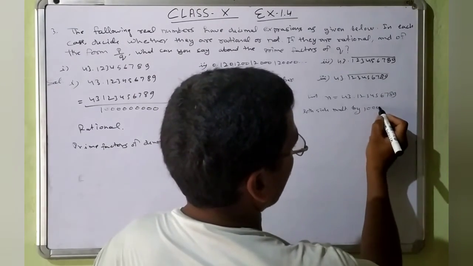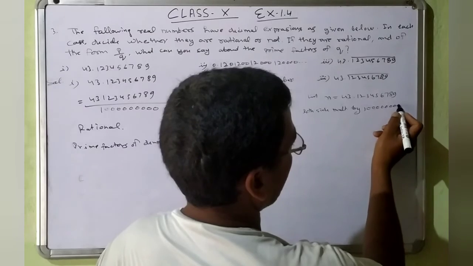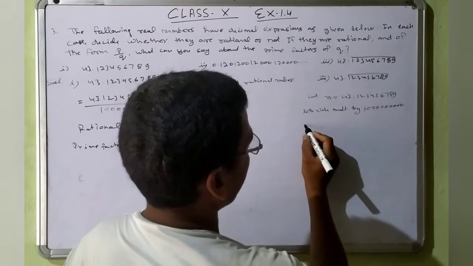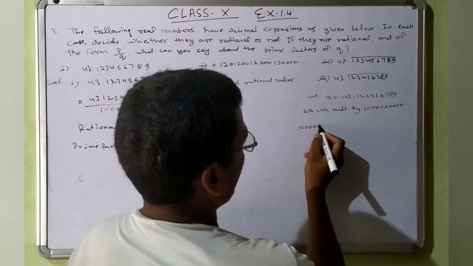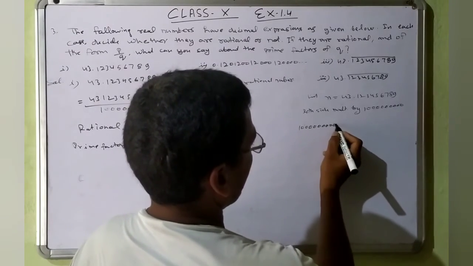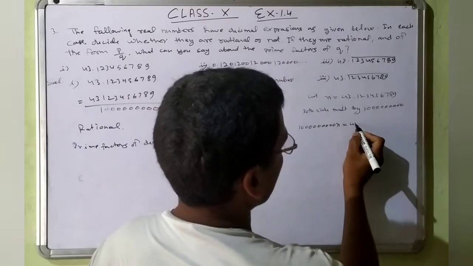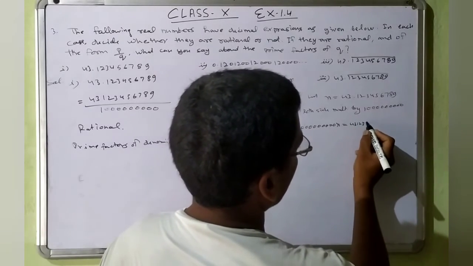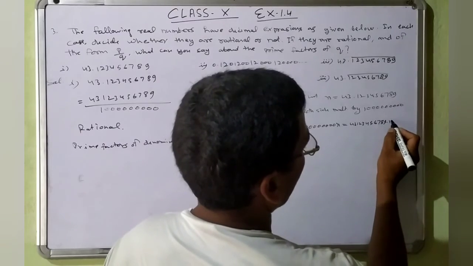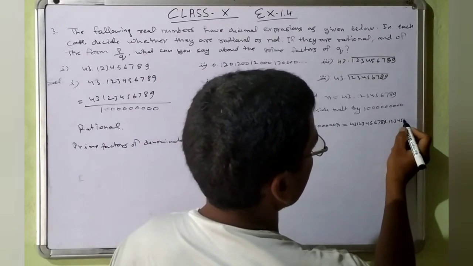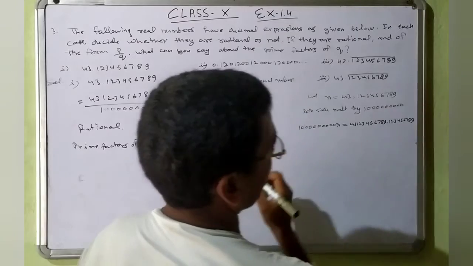So 10^9. x is equal to 43123456789.123456789 repeating.